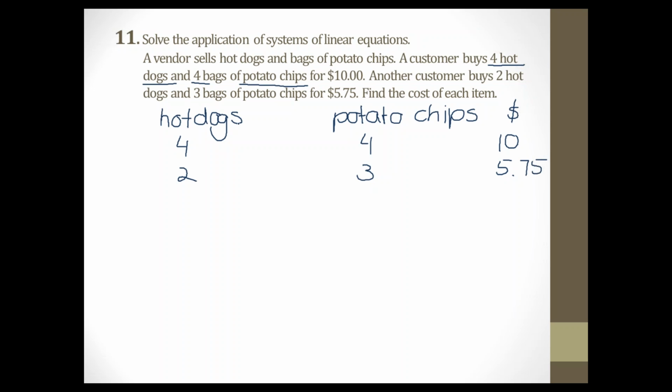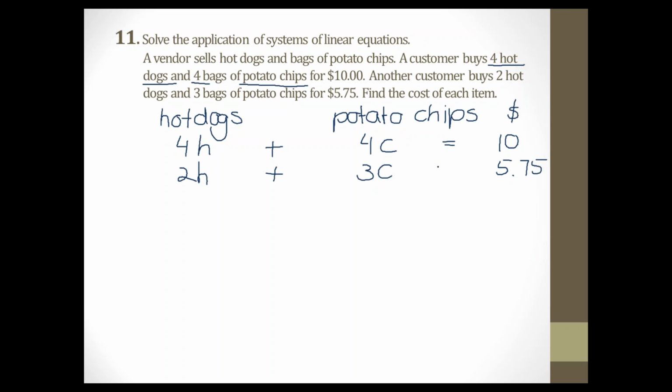So because we have a system of linear equations, we need to make 2 equations out of these 2 problems. So let me call the hot dogs with an H and the potato chips, let's say C. And then I would add the number of hot dogs times however much those hot dogs cost, plus the number of potato chips times whatever those potato chips cost per bag, and that will give me the total amount that the customer paid.